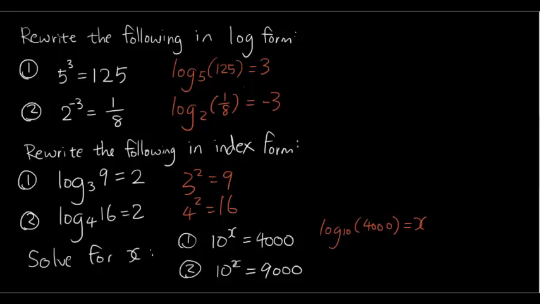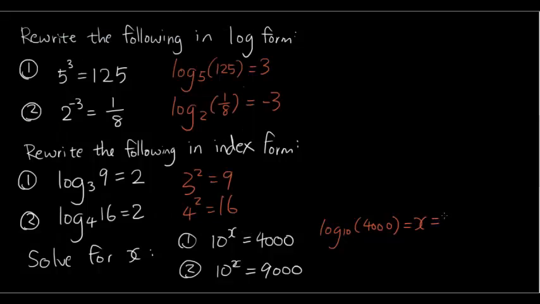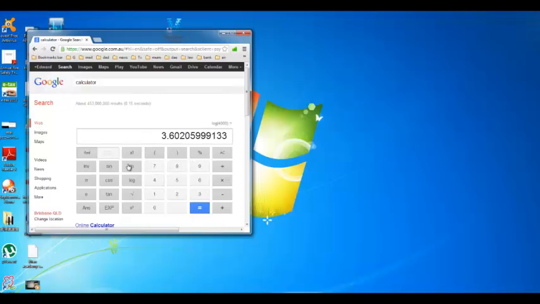So using our calculator, log of 4,000 is 3.6 to 1 decimal place, and log base 10 of 9,000 is what is that?